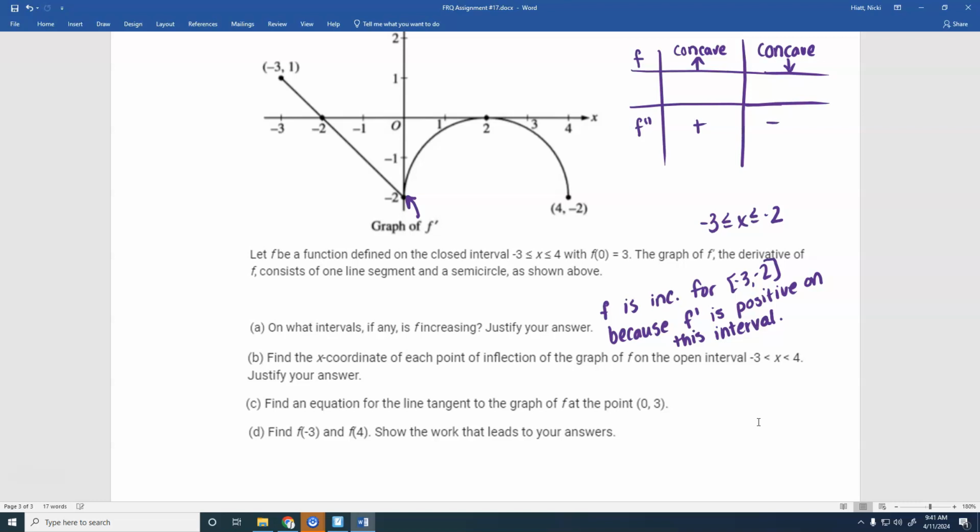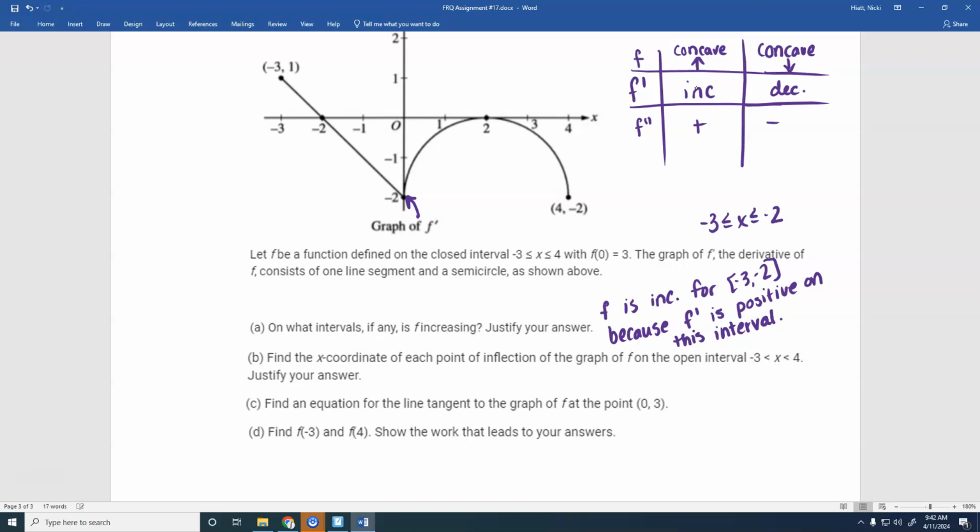We do not, so we cannot talk about, you can talk about the second derivative, but you can't only talk about the second derivative. The only thing we have is f prime, so we've got to talk about f prime to explain this. If f double prime is positive, what's that tell you about f prime here in the middle? Increasing, and this would be decreasing. So if we switch from increasing to decreasing on our first derivative, or vice versa, we're going to have a point of inflection, right? Where does that happen?